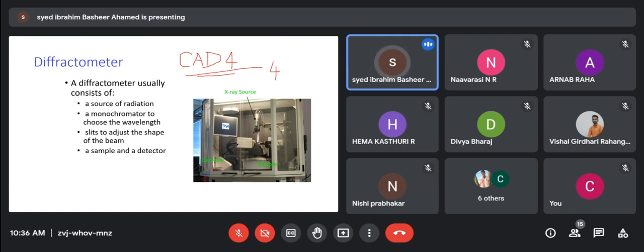That means the crystal will be rotated through all the angles, so that all the indices will be exposed to the X-ray, and we can record all the indices of the crystal. That's why it's called a 4-angle diffractometer.